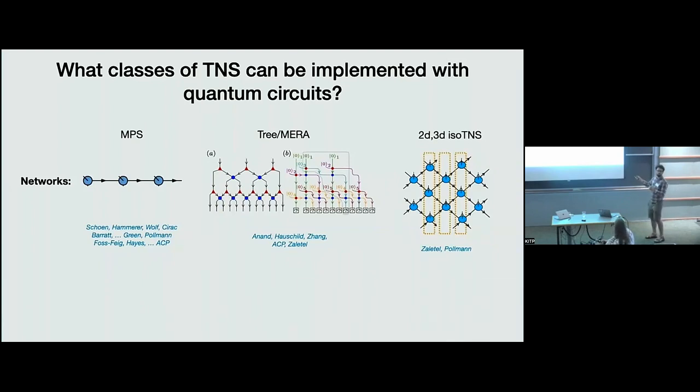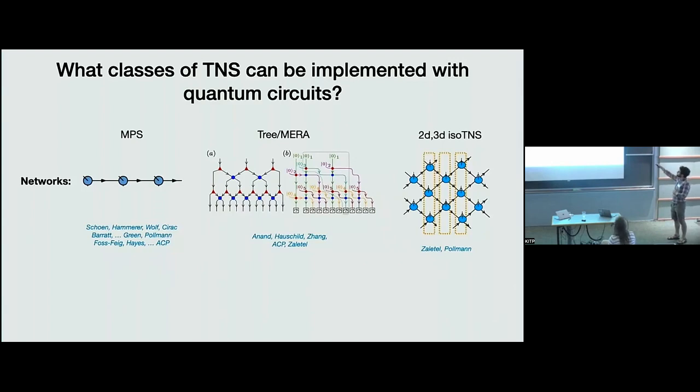It's a bit hard to parse at this scale, but you can basically chop up these tree-like tensor networks using a number of qubits that grows with only the depth of the tree, and implement them sideways as this quantum circuit. And I'll show an example of doing this in a little bit.